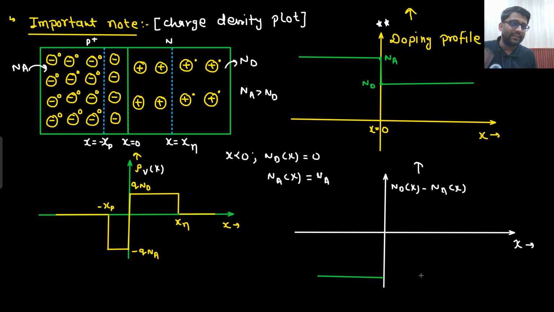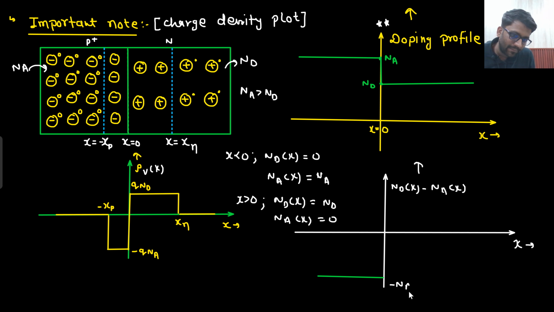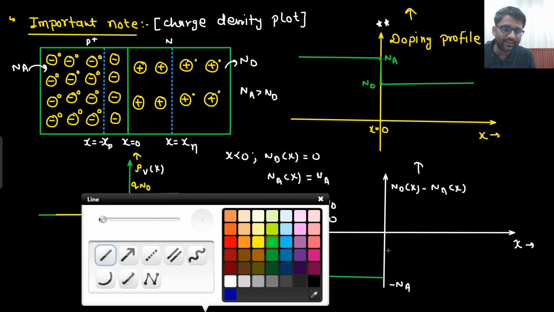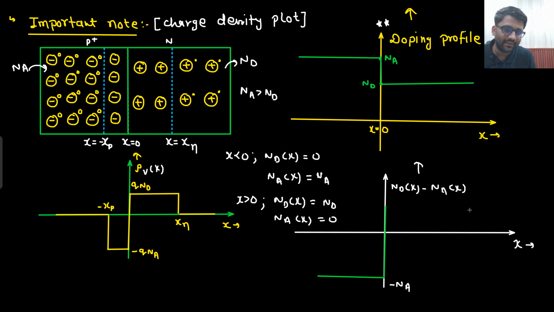And for x greater than 0, what is the scenario? For x greater than 0, Ndx is equal to Nd only and Nax is equal to 0. So this point would be my minus Na, and for x greater than 0, I will be getting plus Nd. Is that understandable to you? 0 minus Na would be minus Na, Nd minus 0 would be equal to Nd.